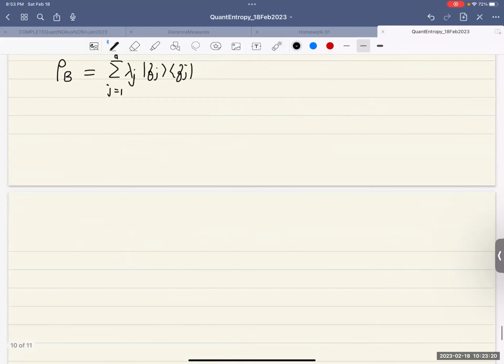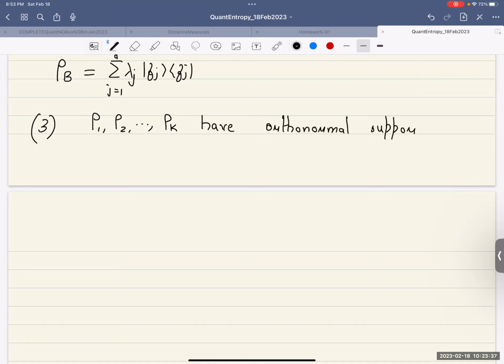Okay. The third and fourth are trivial. I'm not going to do them. So 3: rho 1 to rho k have orthonormal support, right? It's just notation really, this one. So you can show, let's do this.